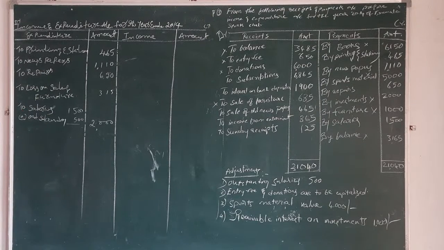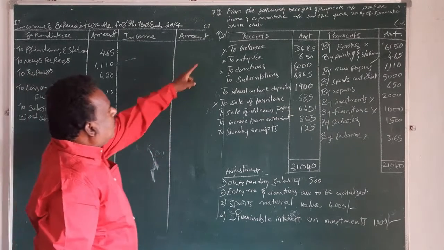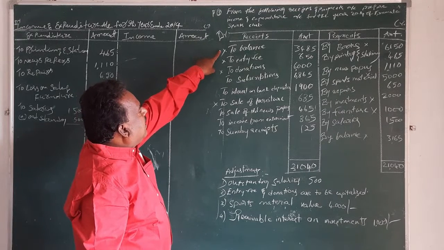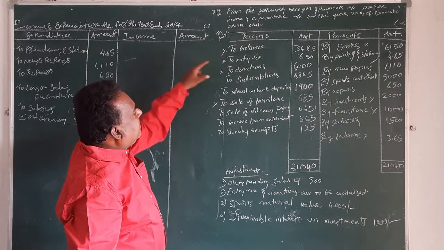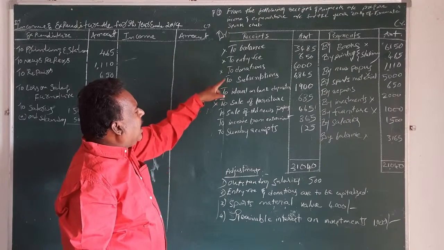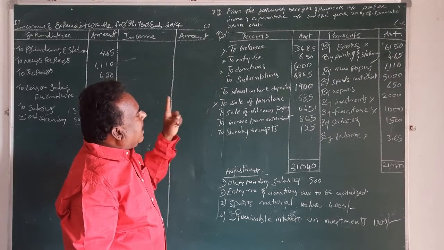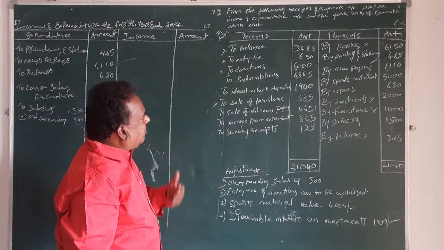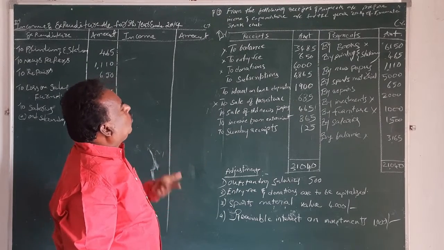Next, income. Balance sheet items are not taken into consideration. Entry fee: there is a specific instruction regarding entry fee and donations. Entry fee and donations are to be capitalized, so they need not be taken into consideration.